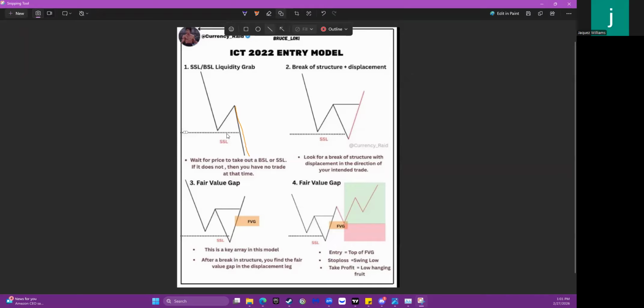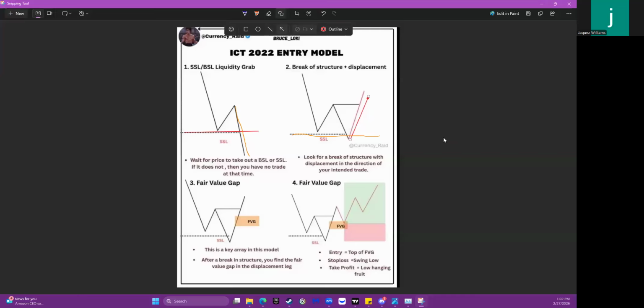Once we go below that sell side, we're looking to see if price is going to reverse. Then on step two, we swept that out and price started going higher. But when price started to go higher, what did we get?